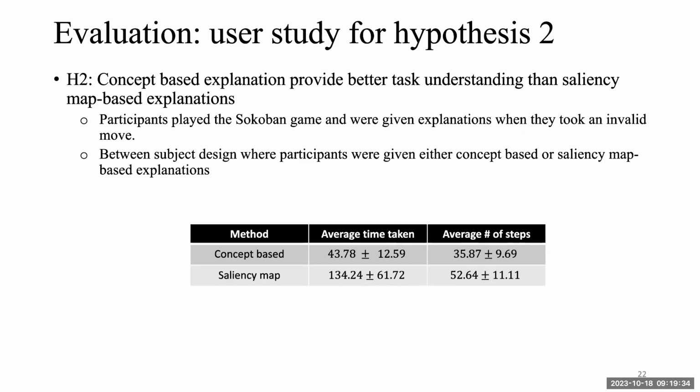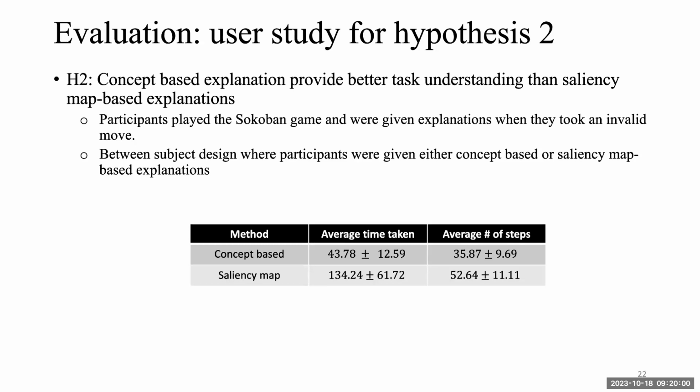The second user study we did wanted to see if concept-based explanations provide a better task understanding than saliency map-based explanations. This is again more of a basic premise of our proposal anyways. In this, participants played the Sokoban game and they were given an explanation whenever they took an invalid move.